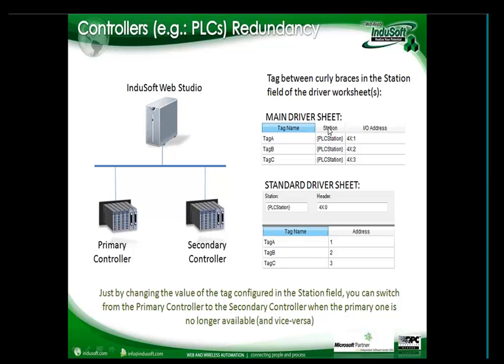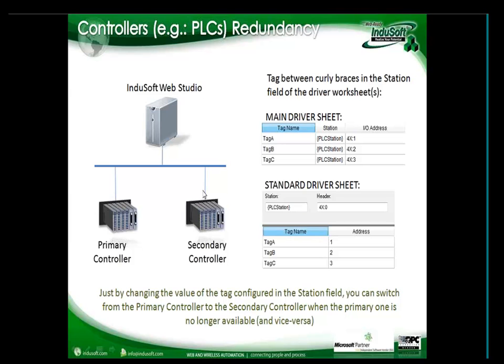The way we do that is in the driver worksheets, either the main driver sheet or the standard driver sheet, in the station field where you define the address of the PLC, you can use a string tag between curly braces. Just by changing the value of this string tag, InduSoft switches from one PLC to any other one.